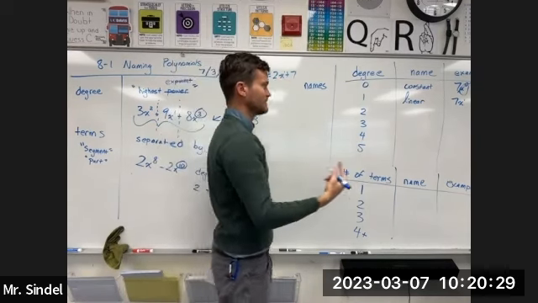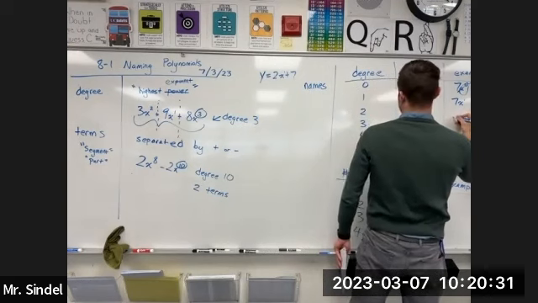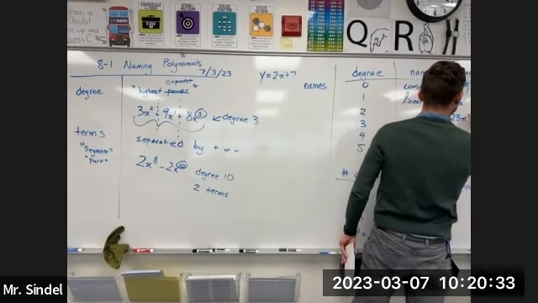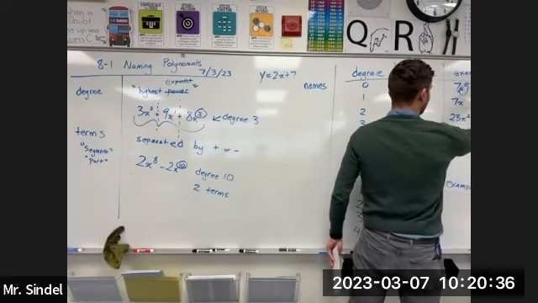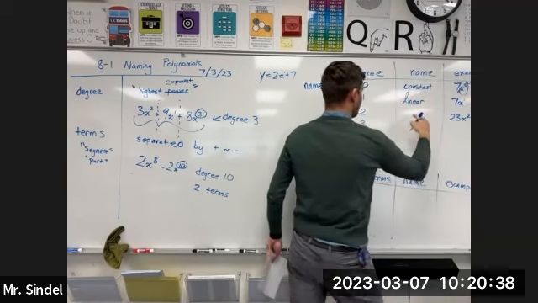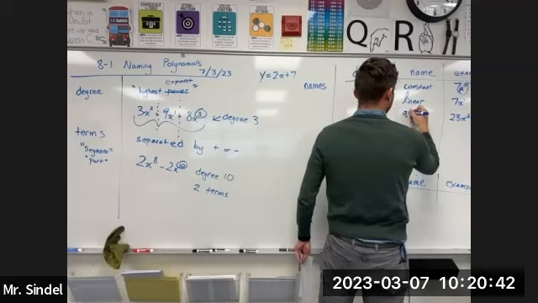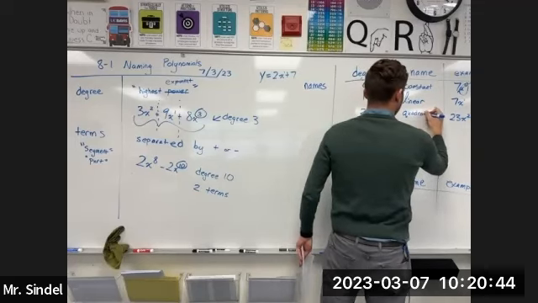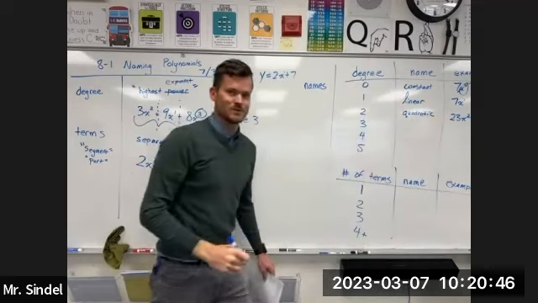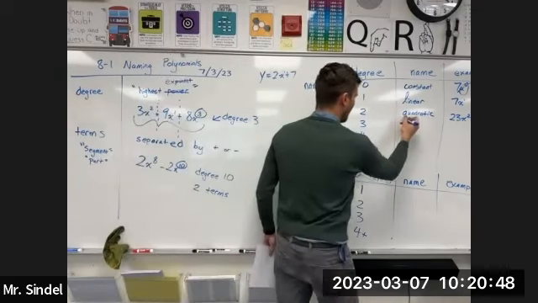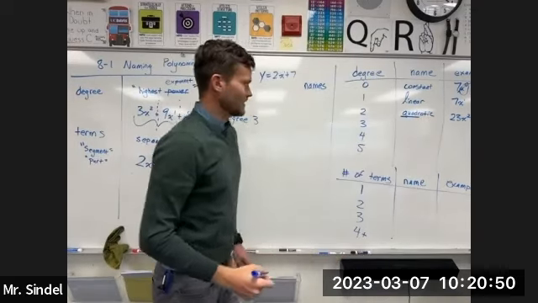What happens if we go higher? What happens if I do like 23x to the power of 2? Notice the powers went 0, 1, 2. This one has a new name. It's going to be quadratic, which is usually the most confusing one to students because you see the word quad and you think, oh, that's 4.